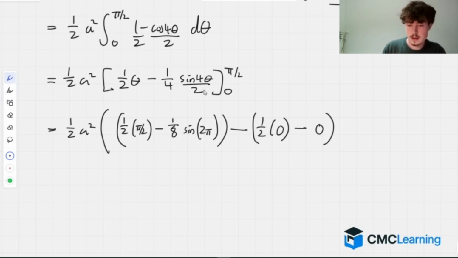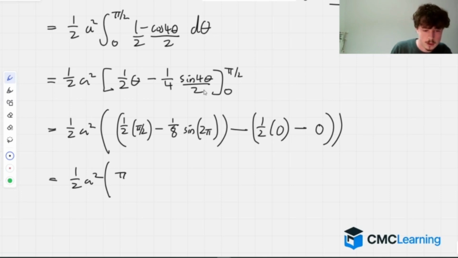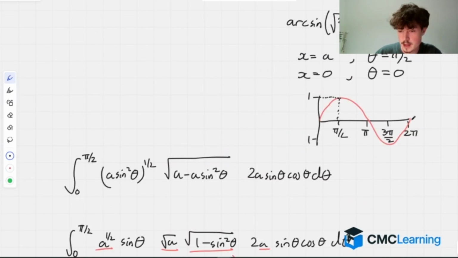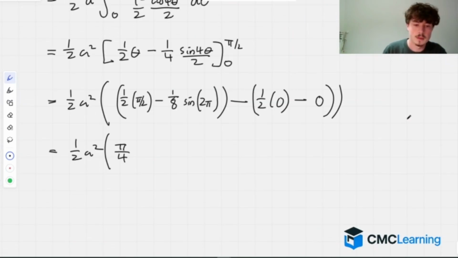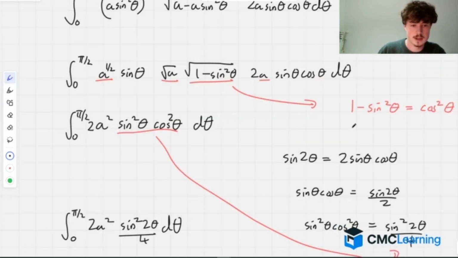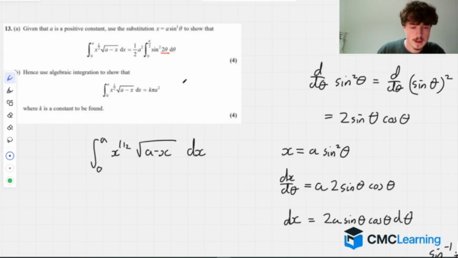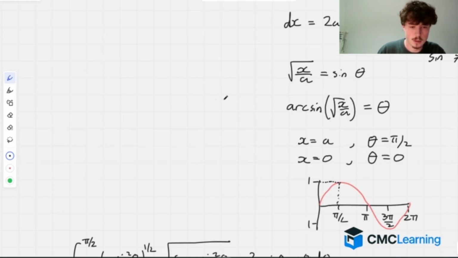Next, we can just work out the rest of this equation. So we get 1/2 a squared, where 1/2 times pi over 2 is pi over 4, and then sine of 2 pi, if you remember our graph from up here, is equal to 0. So this can be just minus 0, minus 0. So we only have the pi over 4, and we work out that it is 1/8 pi a squared. Now we compare this to our question to begin with, and we get that k equals 1/8.